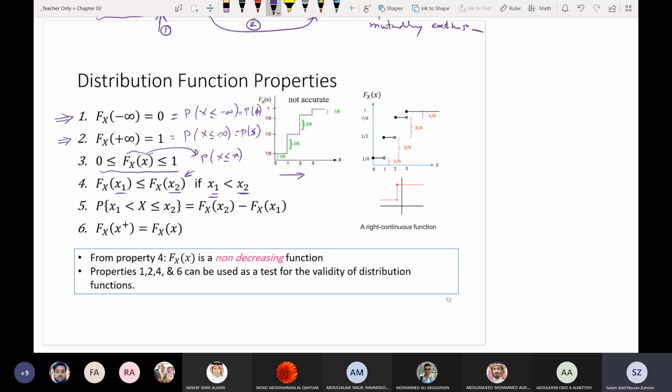First it was 0, then we added 1, then we added 1.5. Okay, at 1.5 it stays equal. Then we added 2. 2 now is a new event. So always as x increases, F_X of x has to increase or stay the same.